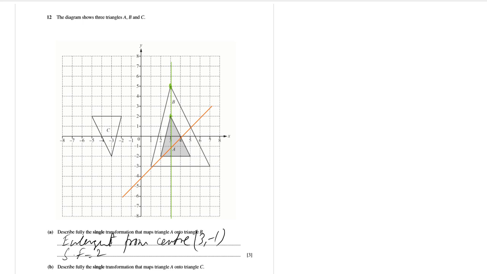Describe fully the single transformation that maps A onto C. Hmm. This could be reflection or this could be rotation. Let's check it out. It's definitely not enlargement.